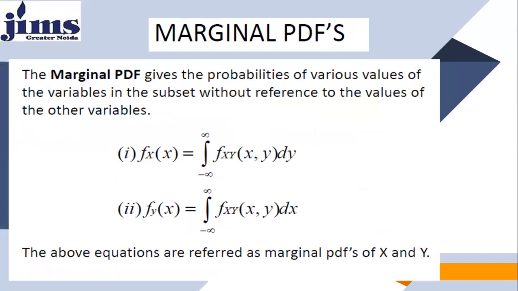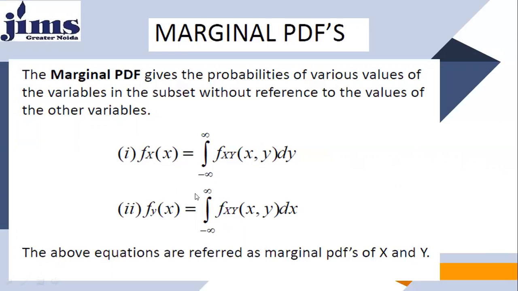Then marginal PDF. Sometimes, if you want to extract a single PDF from the joint PDF, then that single PDF becomes a marginal PDF, right? For example, if this is a joint PDF of X and Y, and you extract f_X(x), a single probability function, then this single probability function becomes a marginal PDF.